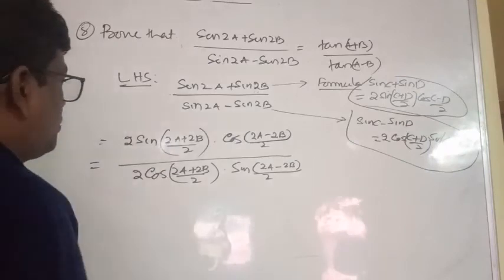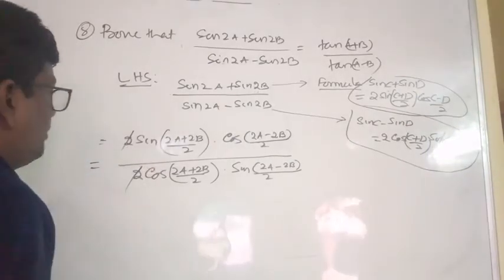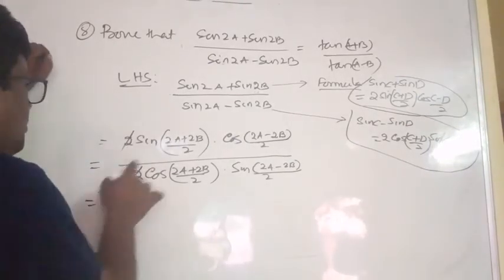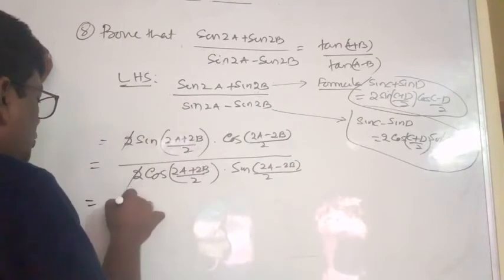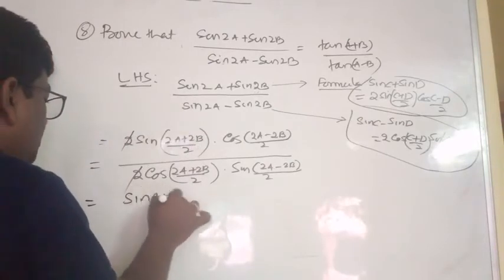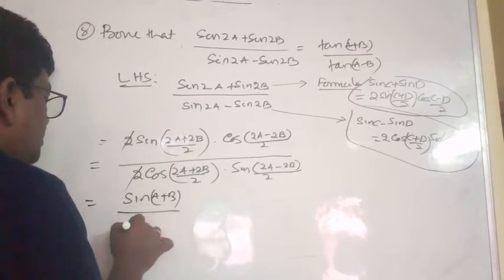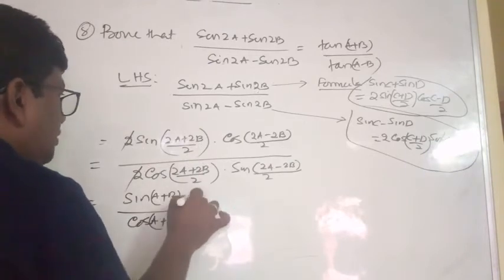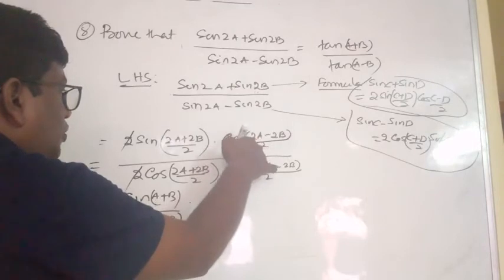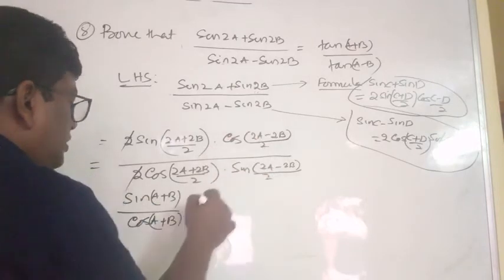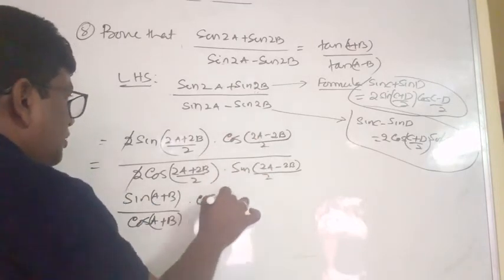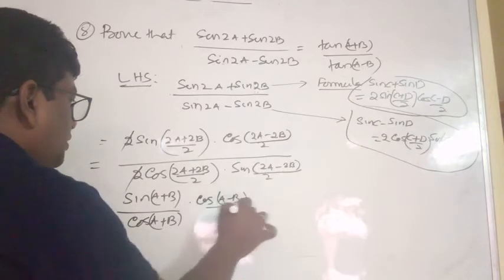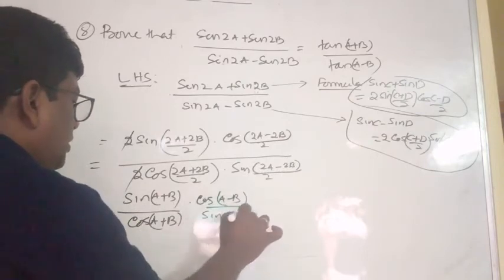The 2 cancels. This is sin(a plus b) cos(a minus b) by cos(a plus b) sin(a minus b), with 2 common and cancelled.